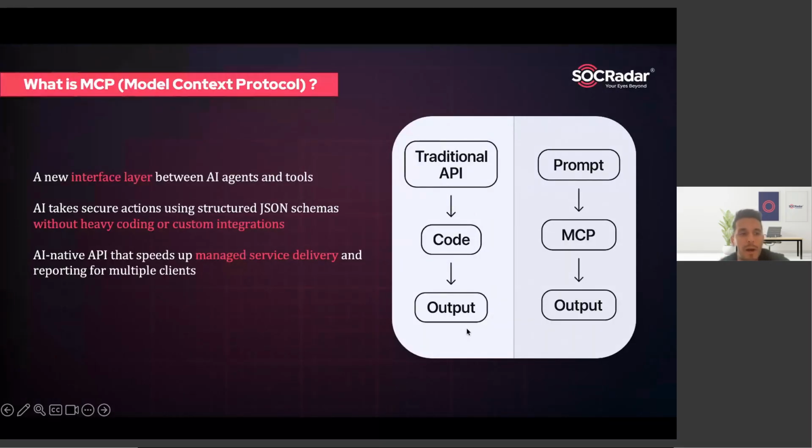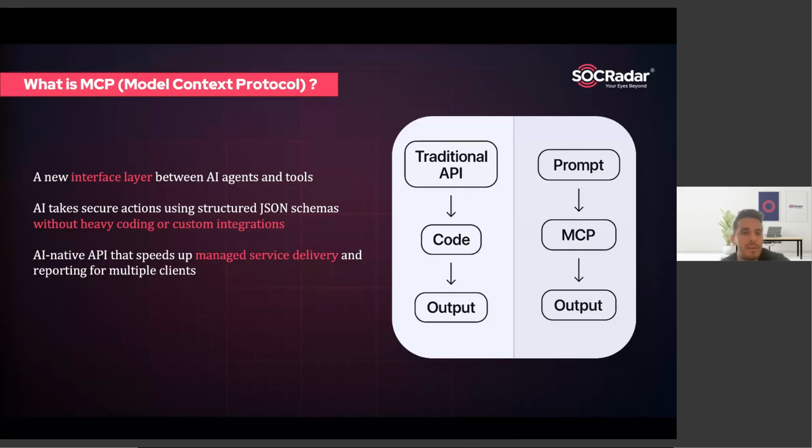This will require developers, time, and maintenance. However, with MCP, the Model Context Protocol, it's just two steps. You give the prompt, and then MCP is going to handle everything for you. And at the end, you are going to have the output. So there is no coding and no custom integration.